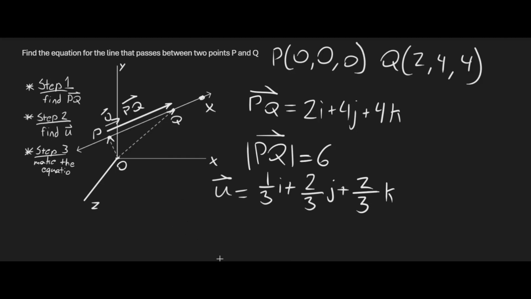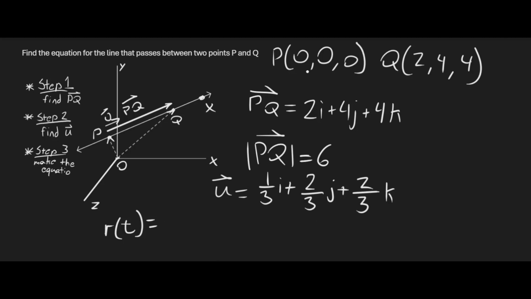So the equation for the line r of t is going to be our starting point. I'm going to pick (0, 0, 0) for p, plus the vector times t.